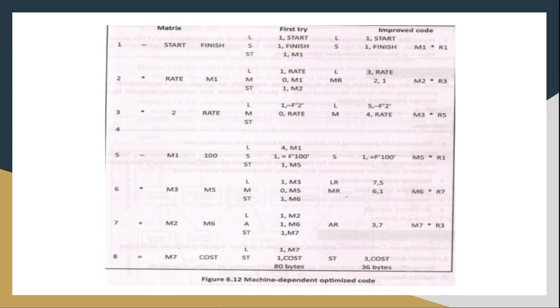And register number 3 is containing rate. So the MR instruction will perform rate star start minus finish. So start minus finish is available in register 1 and rate is available in register 3. So the result of rate star start minus finish is available in register number 3.